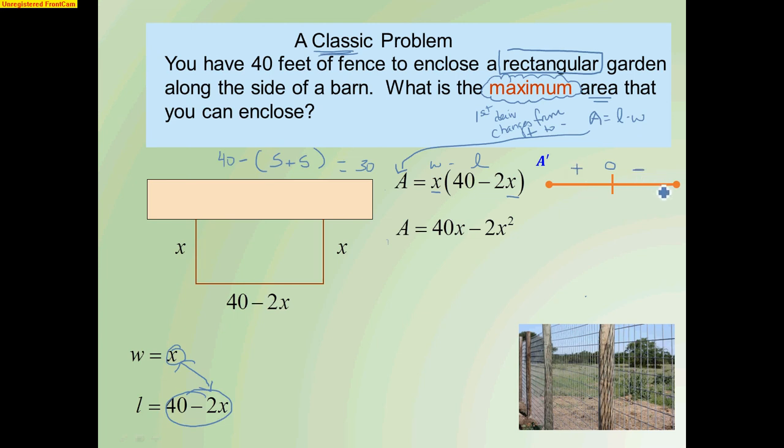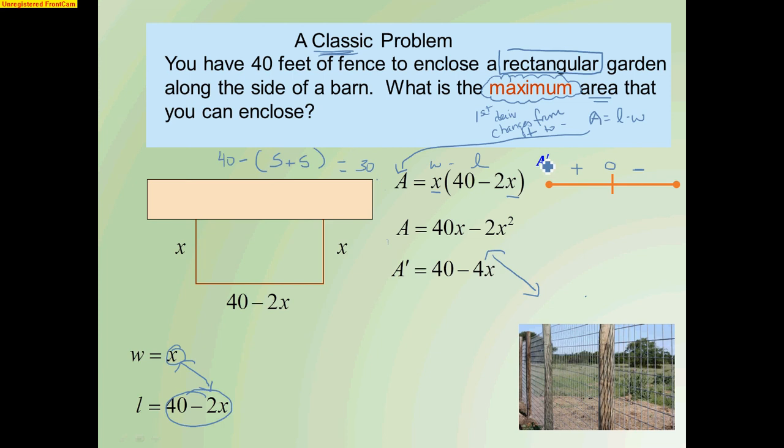But I have to show some math here, right? This is a math test, so I take the first derivative, 40 minus 4x, that's a linear function with a negative leading coefficient, meaning it decreases.